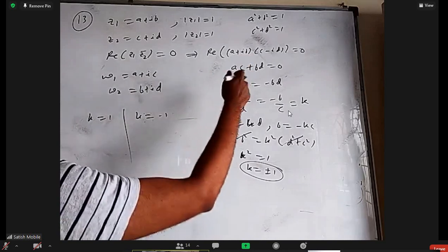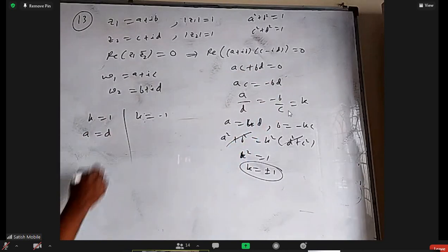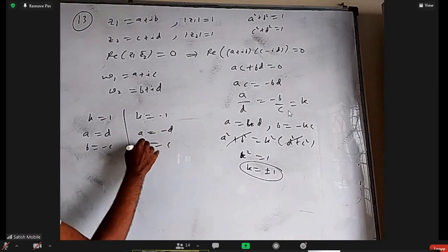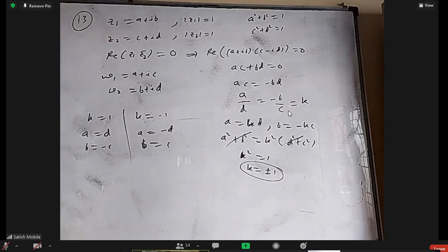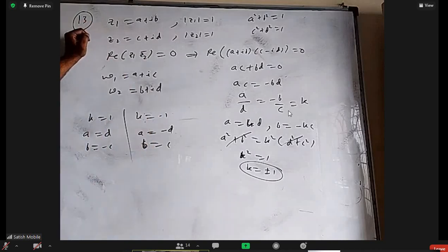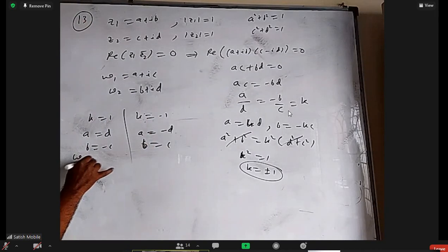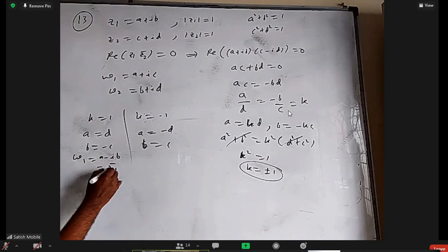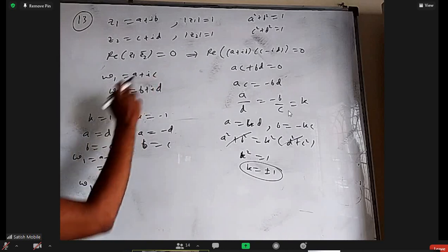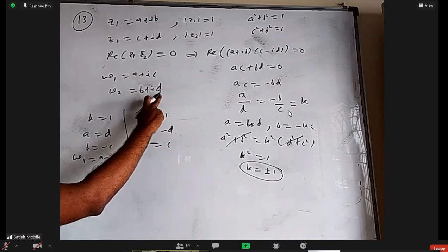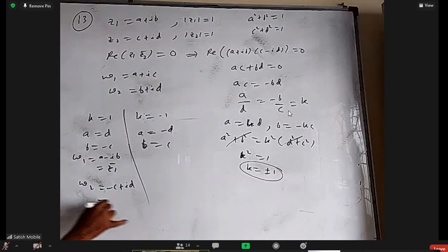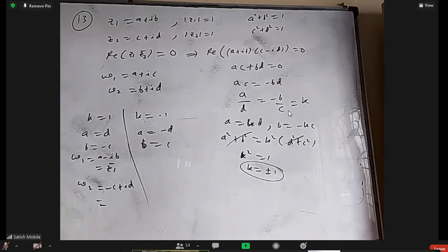When I take K equal to 1, A equals D and B equals minus C. In the other case, A equals minus D and B equals C. If we take this case, W1 is A minus iB, which is Z1 conjugate, and W2 is, when I change B to minus C plus iD, somewhat like Z2 conjugate.